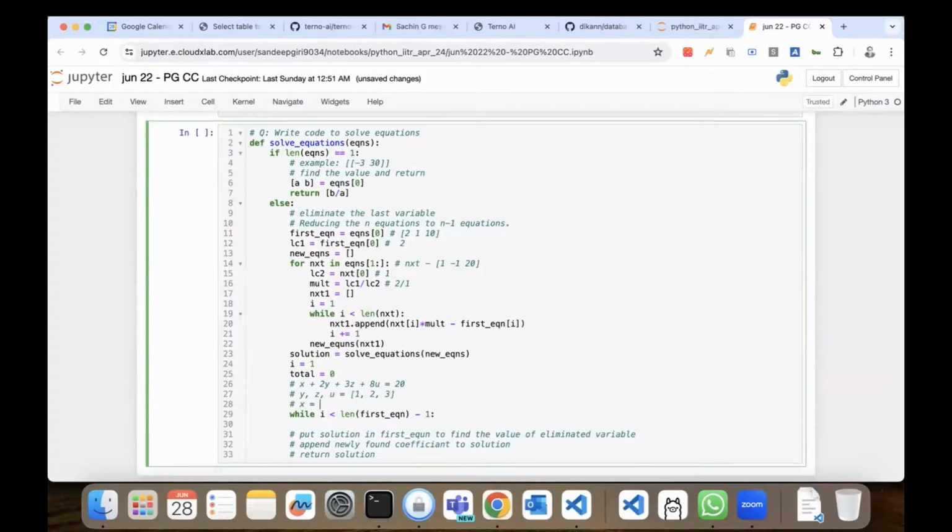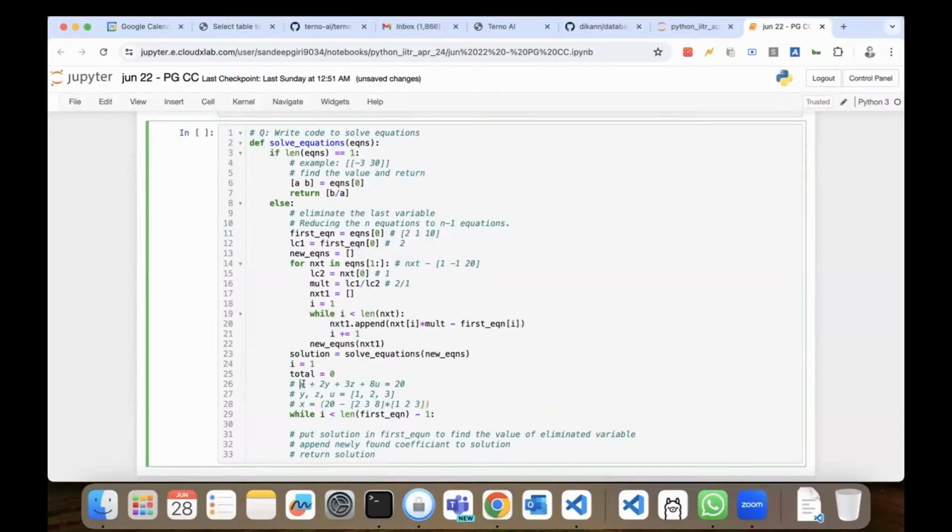x will be equal to 20 minus the total. You can also say the total of 2, 3, 8 multiplied with 1, 2, 3, and divide the whole thing by the coefficient of x.